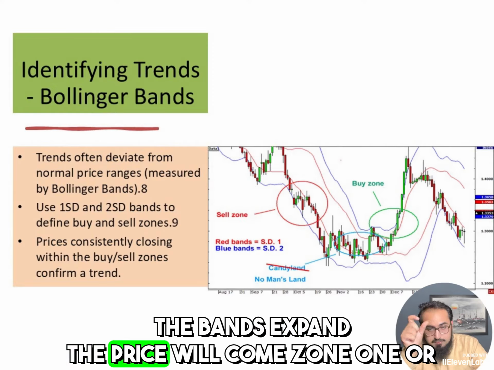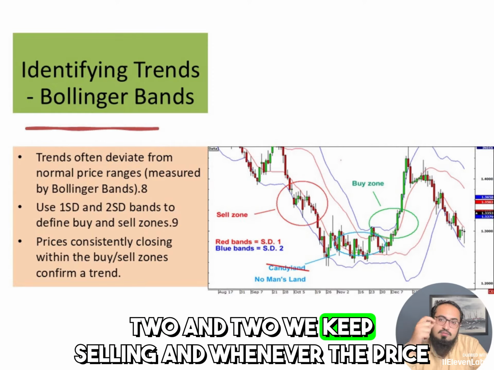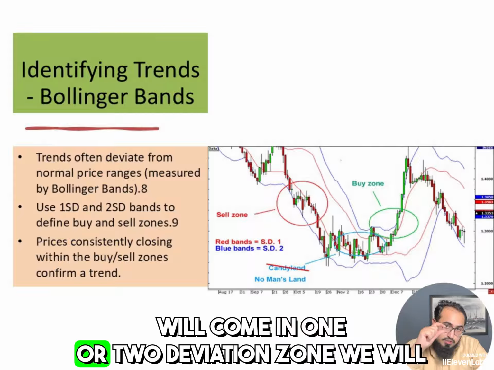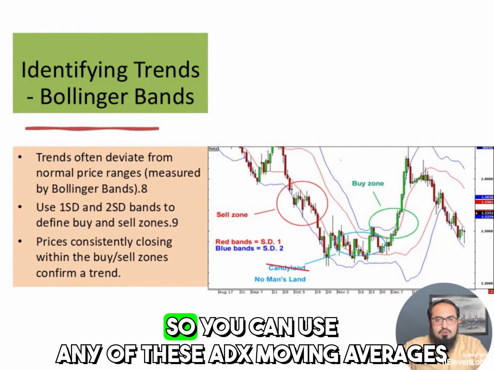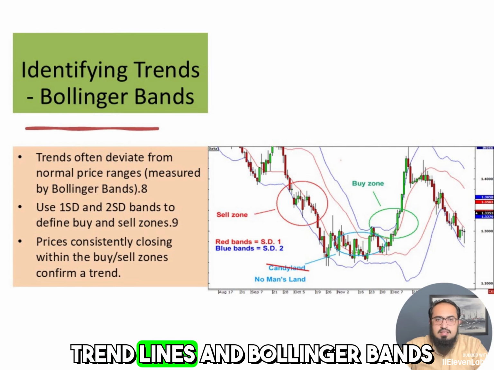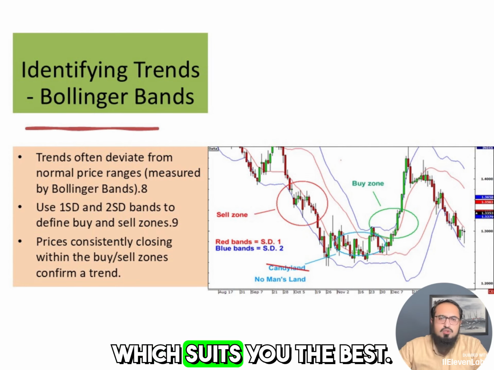Whenever the band expands and the price enters the zone between 1 and 2 deviations on the lower side, we keep selling. And whenever the price enters the upper band between the 1 and 2 deviation zone, we will buy. This just helps confirm the trend. So, you can use any of these: ADX, moving average, trend line, and Bollinger Bands, whichever suits you best.